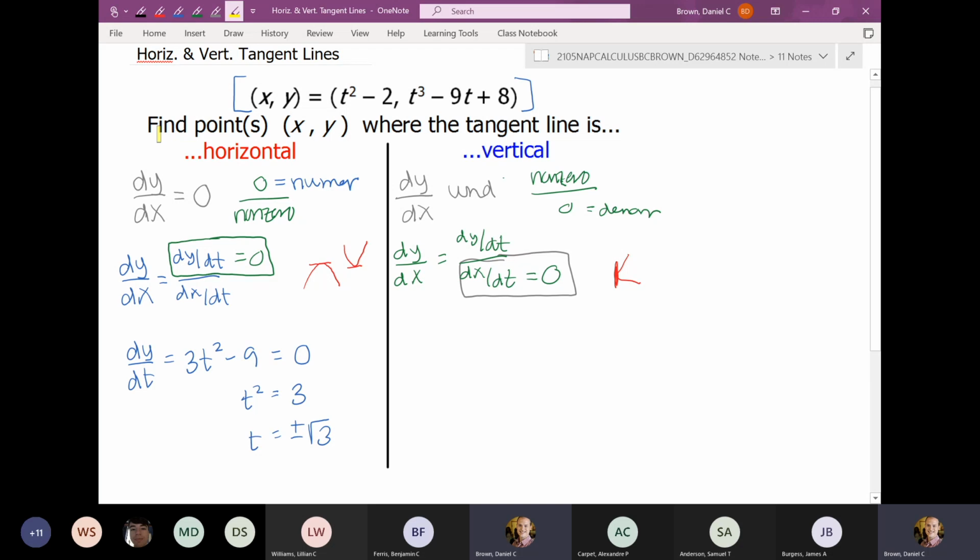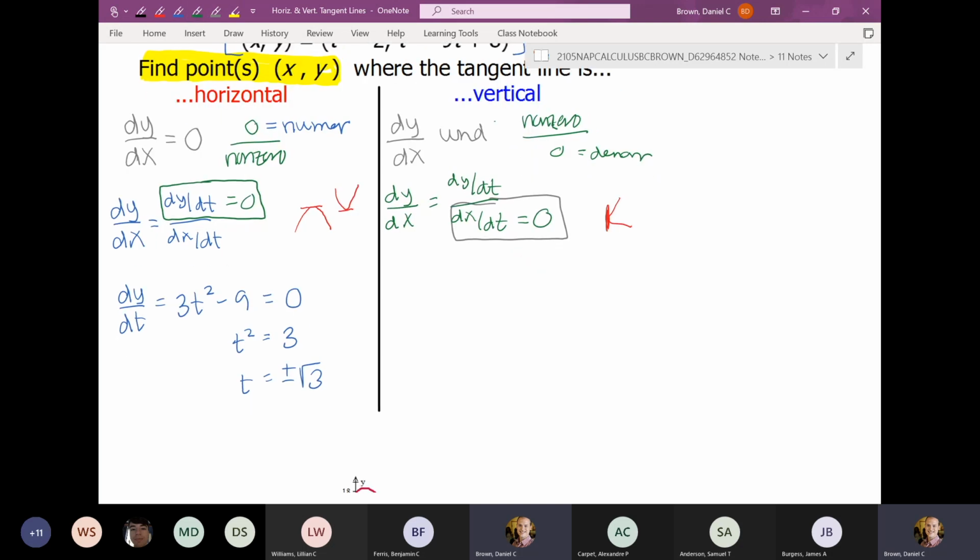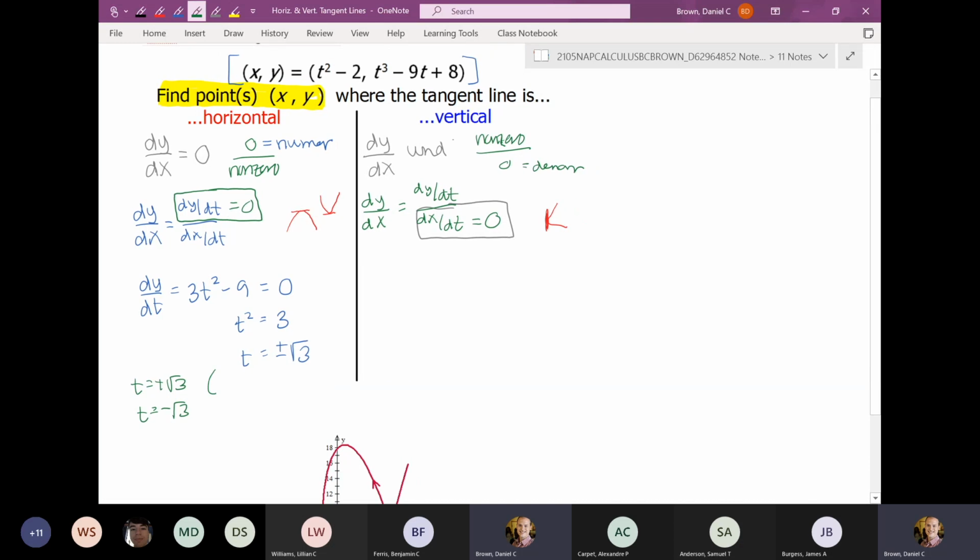Do notice the question is asking us to find the coordinates, so we've only found the parameter where that occurs. To finish out the problem, we just need to plug that parameter into the equations for x and y to get the coordinate. So plugging in positive square root of 3, we have 3 minus 2, which is 1.